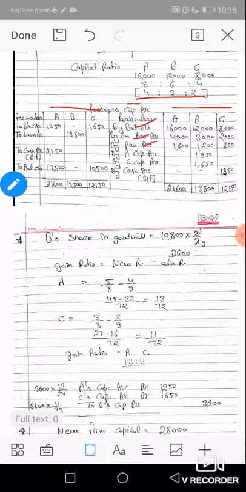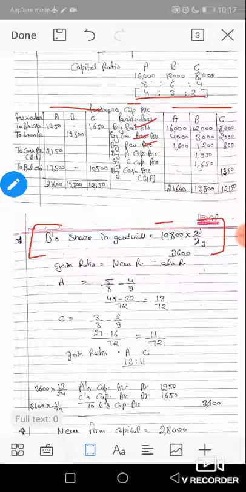So first of all, we will calculate B's share in goodwill, out of total goodwill. B's share in goodwill: total goodwill is 10,800 and B's share is 3 upon 9. So 10,800 into 3 upon 9 equals 3,600. 3,600 is B's share in total goodwill.